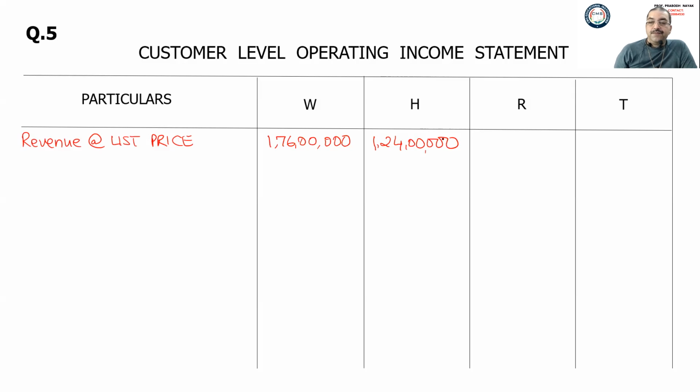Then 30 into 212 into 1000 is 63 lakh 60,000. Last one, 25 into 250 into 1000 is 62 lakh 50,000.